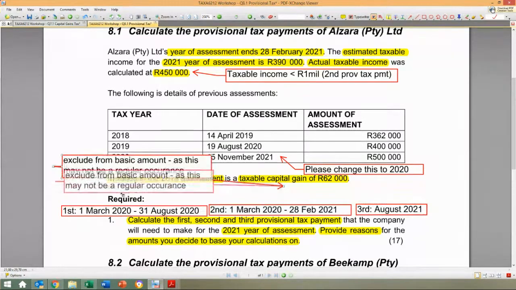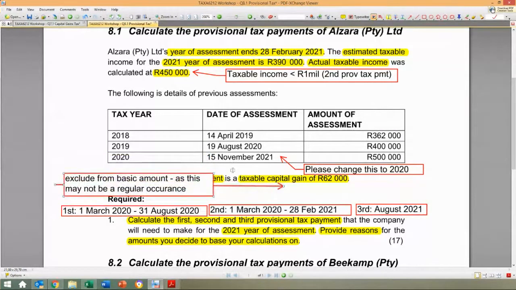Now, if we look at the information in the table provided, we've submitted the 2019 one on 19 August 2020. But now we have to go look at what the rules say. The rule says for your first provisional tax payment, you can only use assessments that were submitted more than 14 days before when you have to make the payment. In this case, this is less than 14 days.